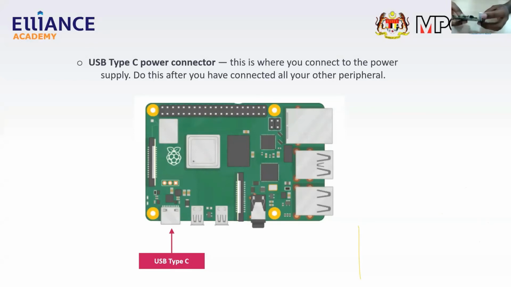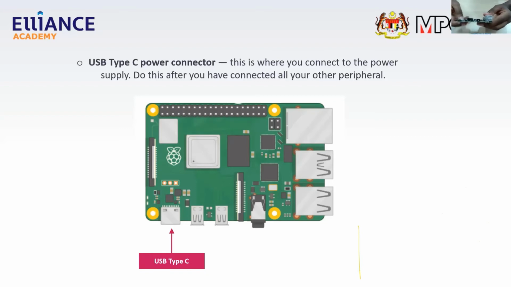Okay, and finally we have the USB Type C power connector. Take a look, this is the USB Type C. The latest smartphones are using USB Type C, so this is the same one. This is where you connect to the power supply. We have a power adapter, and you connect it to this USB port here. The power supply requirements differ by Raspberry Pi model.